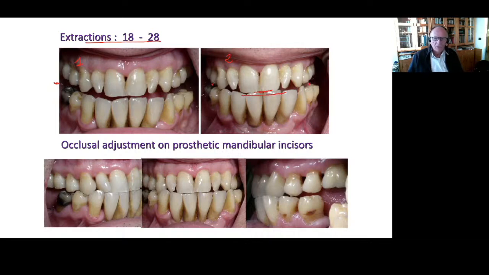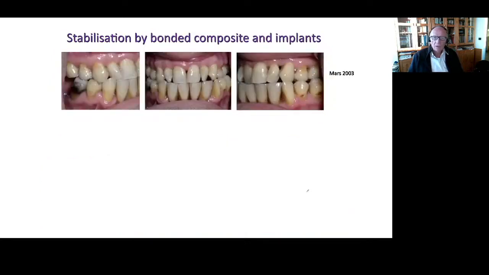Here it is phase 3, and after, I'm sorry, here, composite bonding here and here to stabilize the occlusion. With this simple treatment, the pain disappears because we recondition the muscular joint, your muscular play.